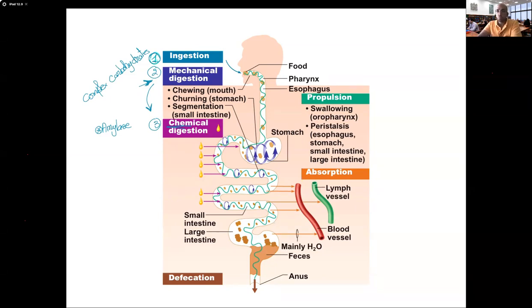So where do you perform mechanical digestion? What do you think? In the mouth, you're performing mechanical digestion by chewing.